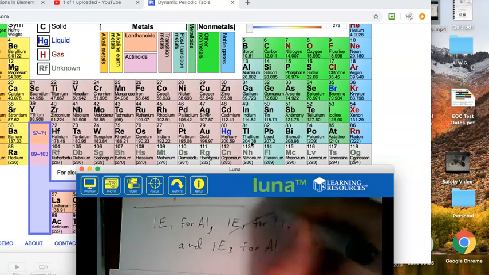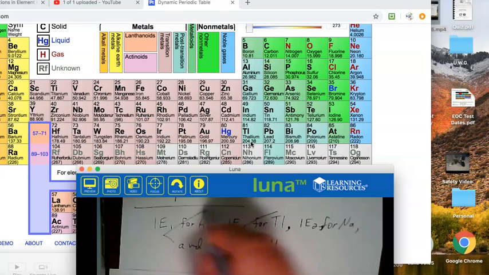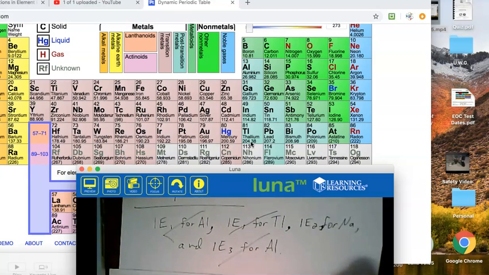Okay, so I eliminate that one. The next, so I know this one has to be next, right? Because it's a first ionization energy as well. So IE1 for aluminum is going to be less than the third electron for aluminum.